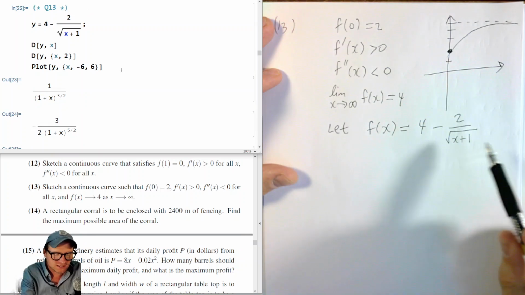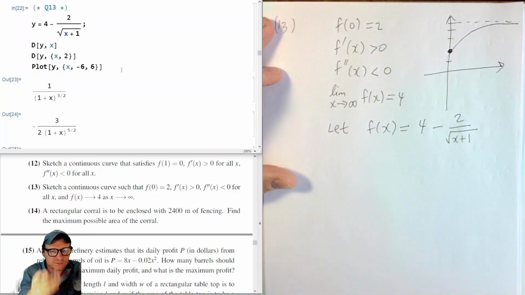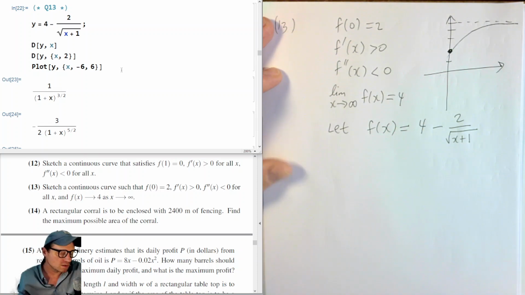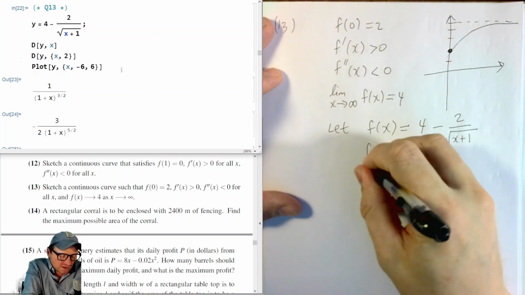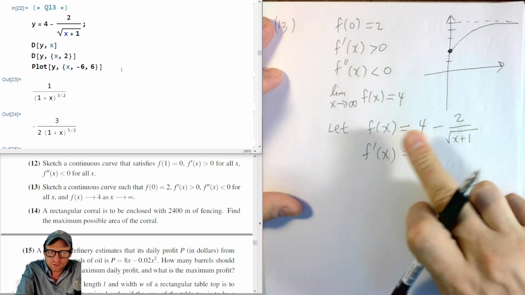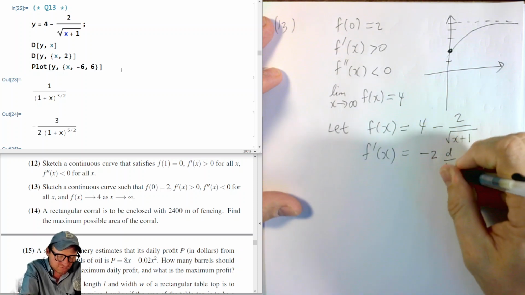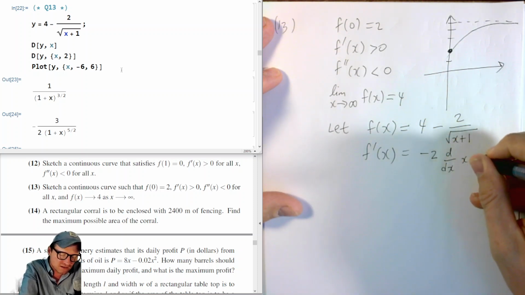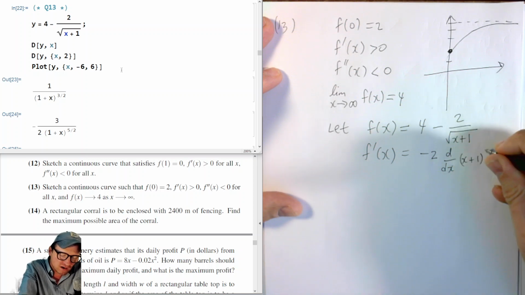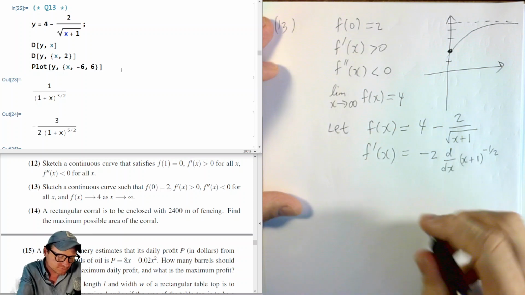All right, now to do this, you would use the chain rule on this one, or you could even use the quotient rule. And so f dash of x is equal to the derivative of 4, which gives 0, and then we have minus 2 times the derivative with respect to x of x plus 1 to the power of minus a half. Right, so this requires the chain rule.